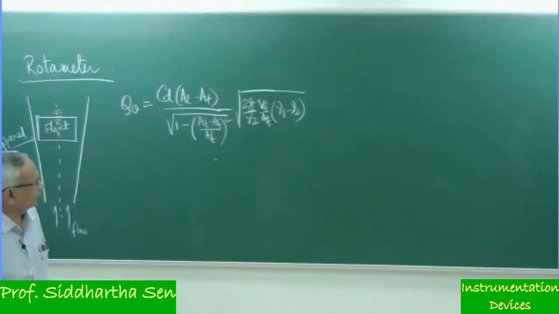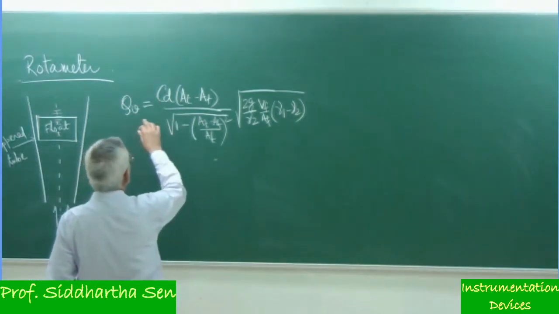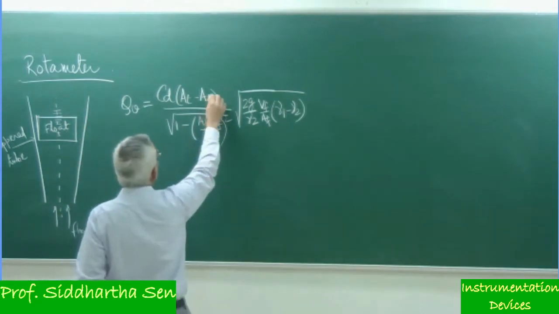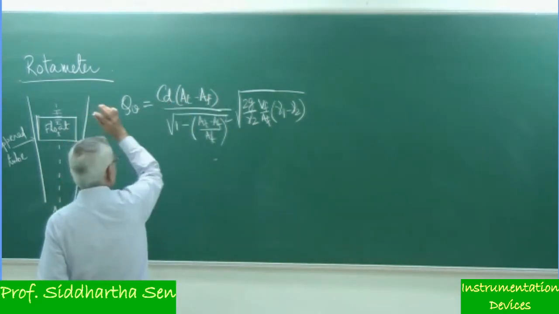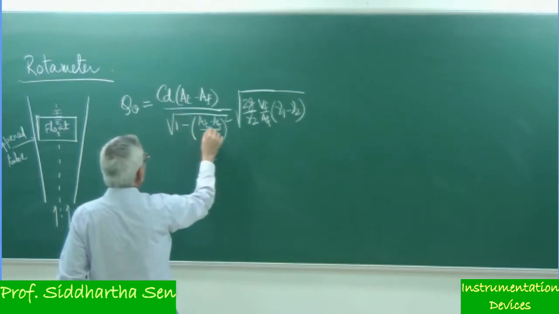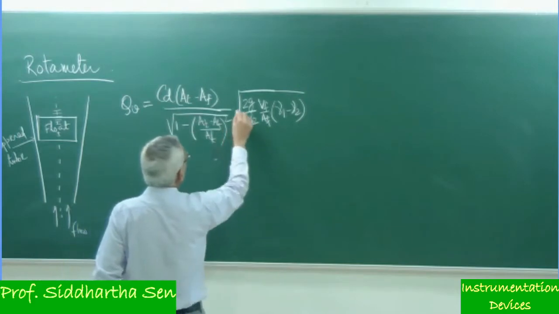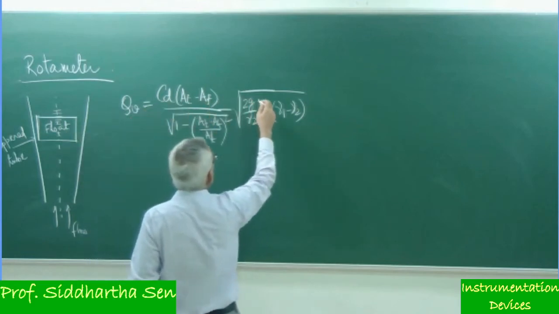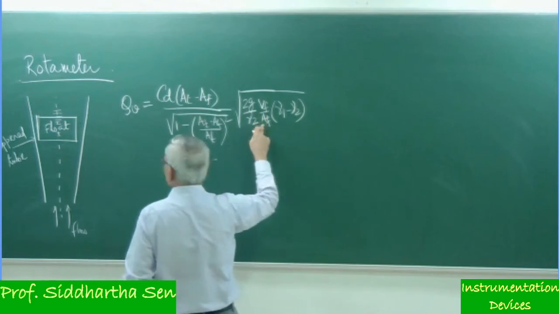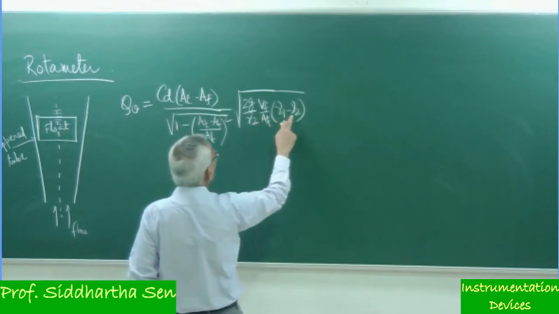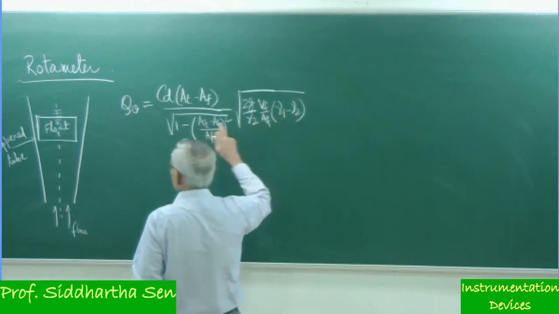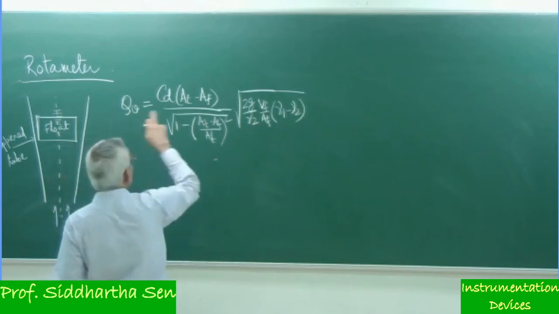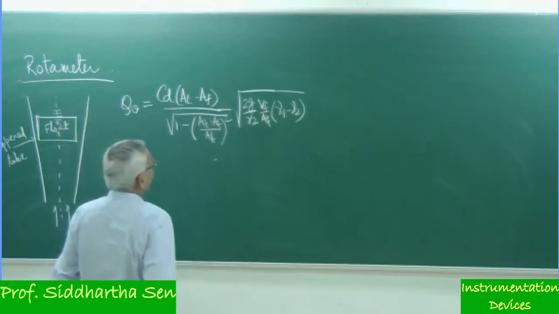Of course it has to be calibrated, and the expression was Qv is equal to Cd, the discharge coefficient, times At, the area of the tube at that position, times Af, the area of the float, which I assume is constant, divided by the square root of 1 minus (At minus Af by At) squared, into the square root of twice g by gamma 2 into Vf, the volume of the float, Af, area of the float, and gamma 1 and gamma 2, basically gamma 2 is the specific weight of the fluid, and gamma 1 is the specific weight of the float.